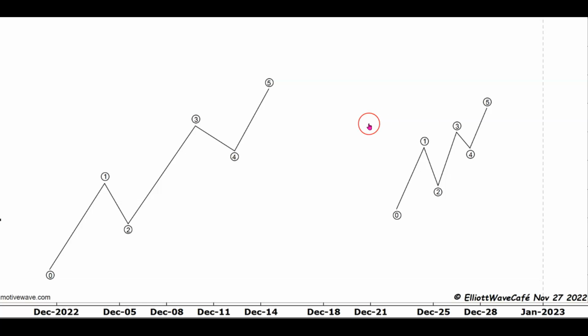We're going to talk about one of the most important rules within an impulsive structure, within a motive wave structure. And that rule states that wave 3 cannot be the shortest wave in a sequence. It's a rule that tends to get overlooked, misplaced, and mislabeled by a lot of traders.